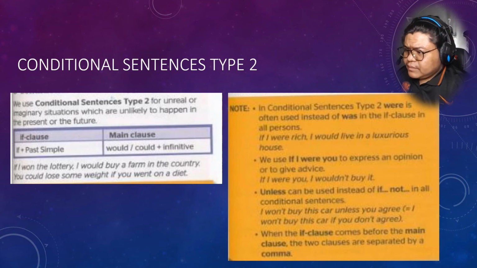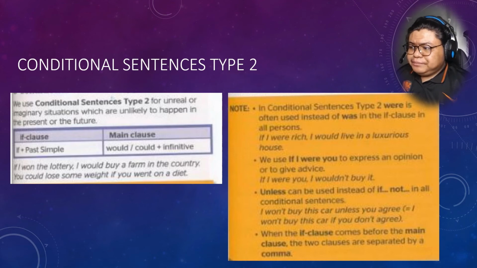Okay, so contoh dekat sini, if I won the lottery, I would buy a farm in the country. So benda ni kita tak tahu sama ada benda tu akan berlaku ataupun tidak, tapi lebih kepada kemungkinan besar ia tidak akan berlaku lah. Contohnya kat sini, if I won the lottery, apa dia lottery ni?